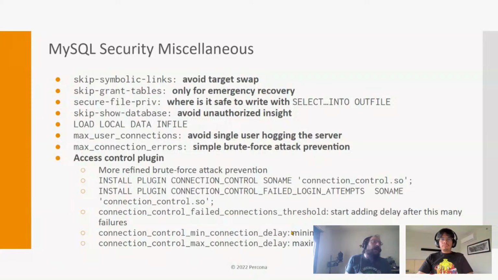If I add just a 1 second delay, I'm making your life harder. If I add 15 seconds, I'm going to make your life impossible. So that's a way to control brute force attacks.